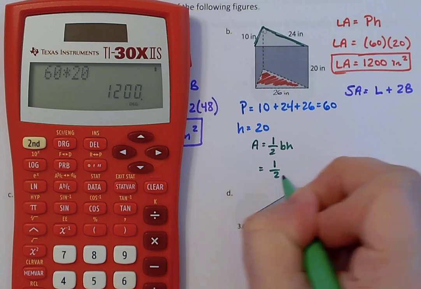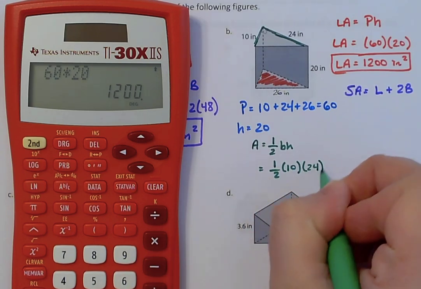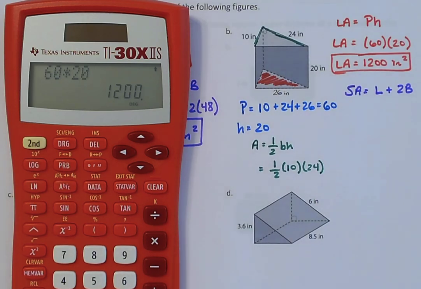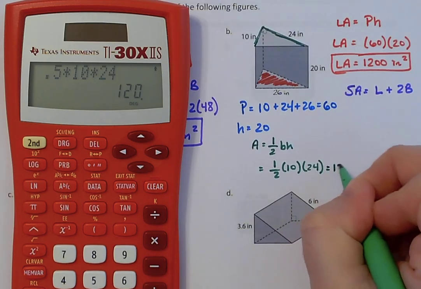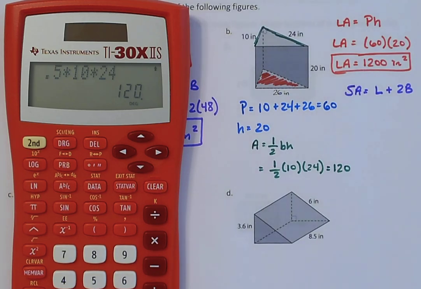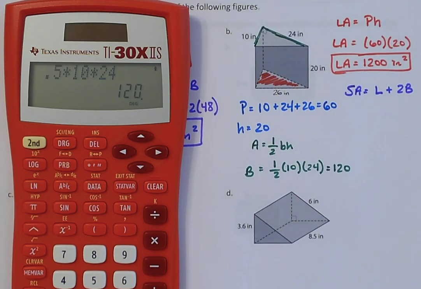So it's 1/2 times 10 times 24. So if we do 1/2 times 10 times 24, we get an area of 120 for our triangular base. So I now know what my value of capital B is.